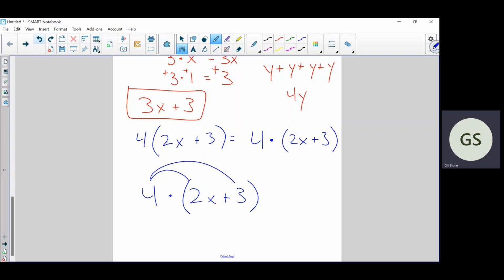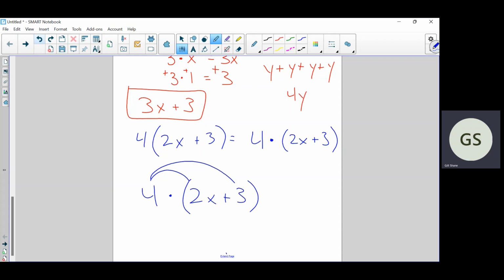And once you've done that 2 or 3 times in practicing, you won't need to anymore. You may still want to do the lines, but you'll remember, yeah, these lines mean to multiply. So these lines are telling me I need to multiply 4 times 2x and then 4 times the 3. A lot of you added the 4 and the 3. We're multiplying. So write in that those lines both mean multiply.